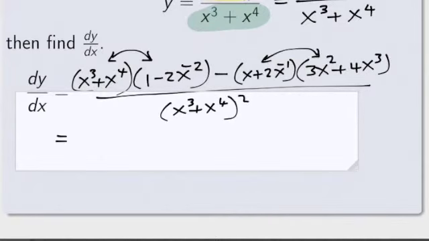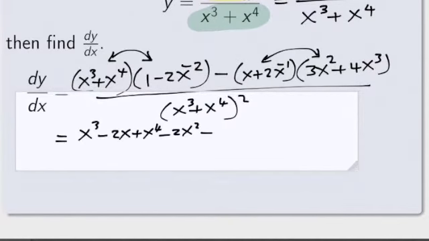If we multiply x cubed by 1, we'll get x cubed. x cubed by minus 2x raised to the power minus 2 will give us minus 2x. x raised to the power 4 multiplied by 1 will give us x to the 4. x to the 4 multiplied by minus 2x raised to the power minus 2 will give us minus 2x squared.